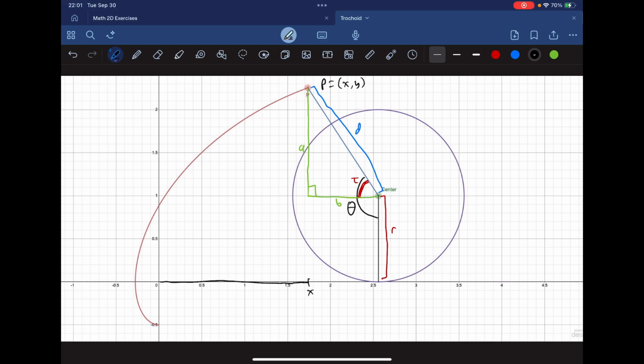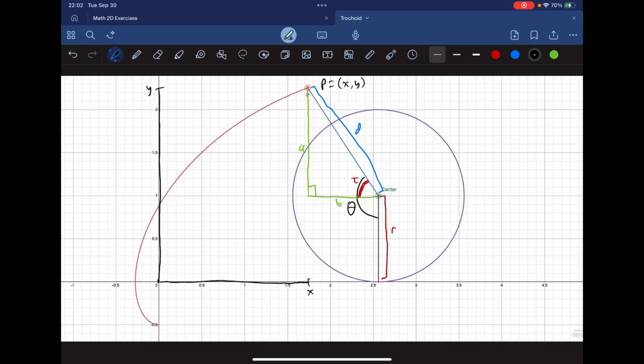Similarly, if I start at the origin and walk all the way up until I get to the point y, then the corresponding distance right here, that's going to be the y coordinate for P.